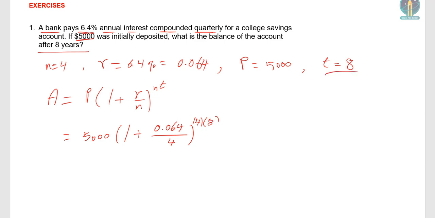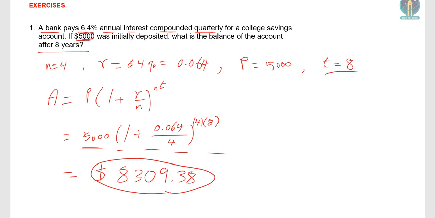So 4 times 8. And then just evaluating this whole thing by calculator, we end up with $8,309.38. Okay.